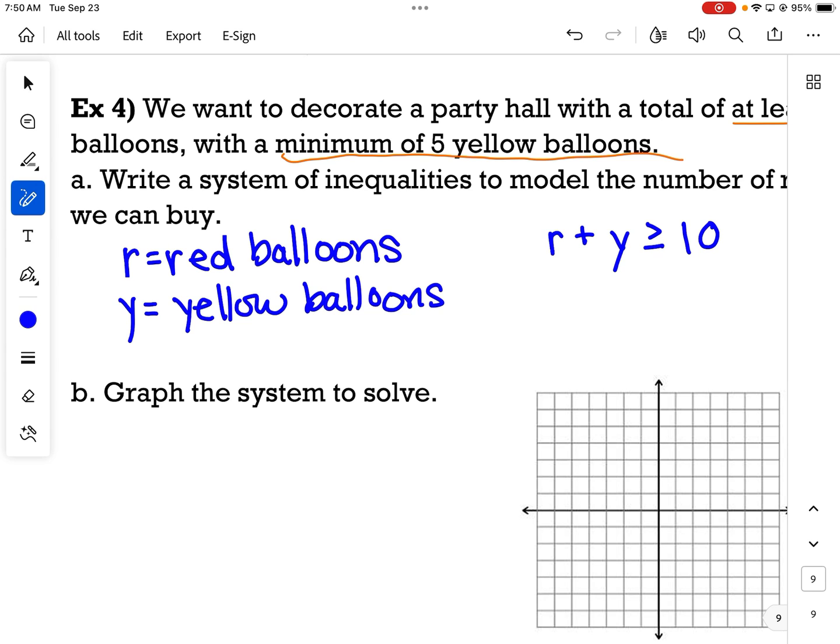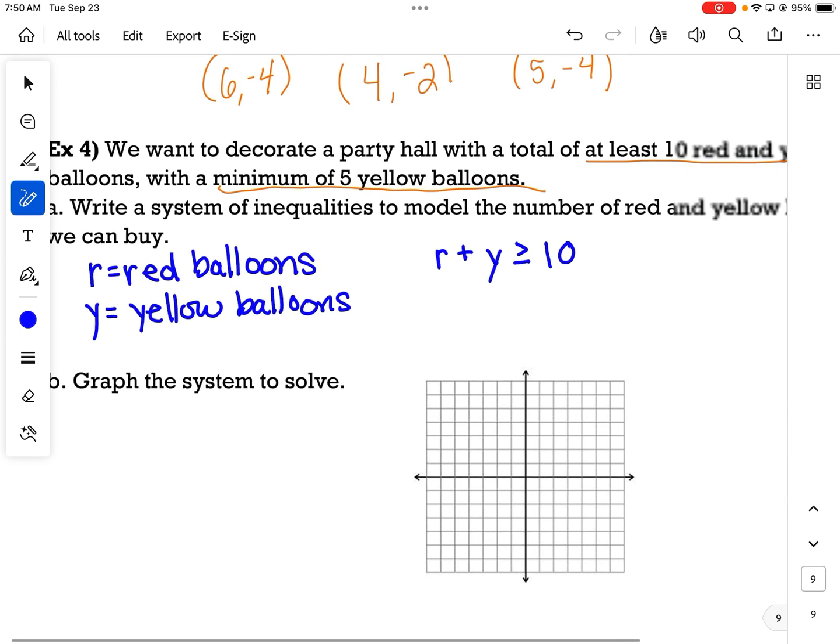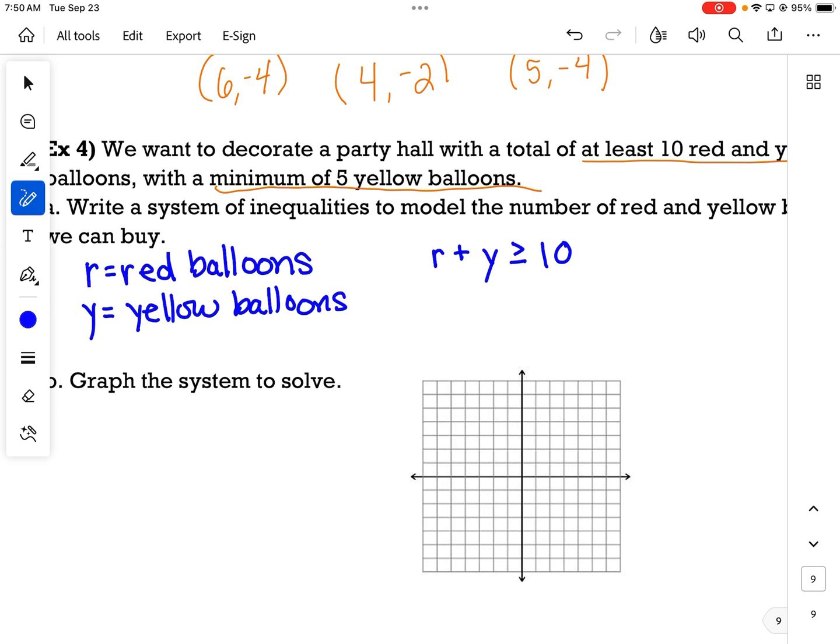At least, what does that mean? Greater than or equal to. Okay, and then it says a minimum of 5 yellow. So how can we write a minimum of 5 yellow? Y and 5, right? Minimum means at least, so that's greater than or equal to? Yeah.